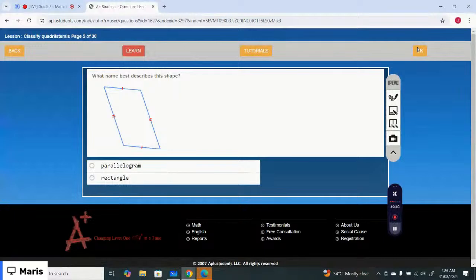Parallelogram it is. The correct option is parallelogram. Option number one is the correct option.